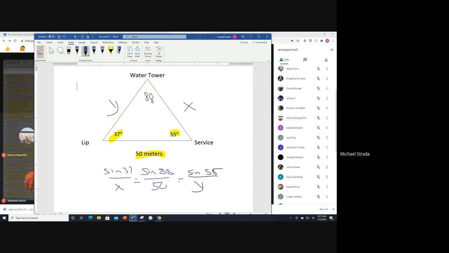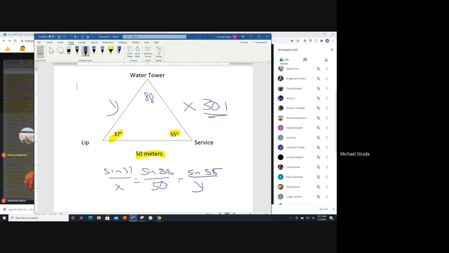So basically, I'm going to use my cross-multiplying skills. That's the 50. So I'm going to do 50 sine 37 divided by sine 88. And that makes x 30.1.